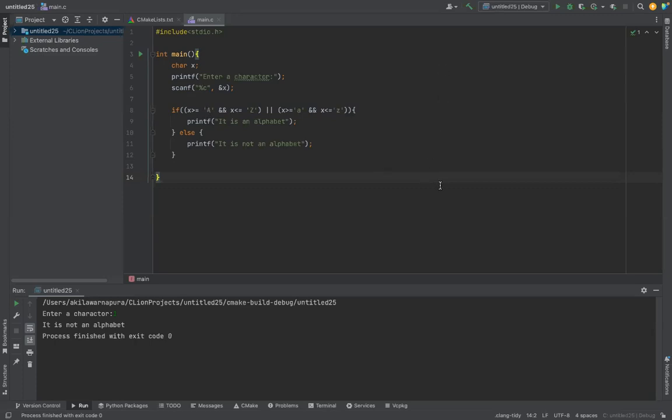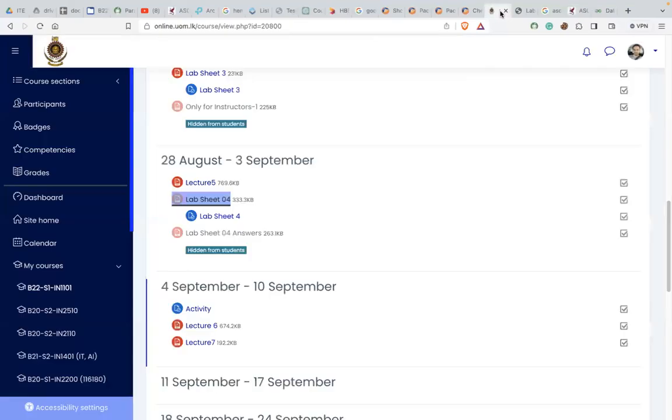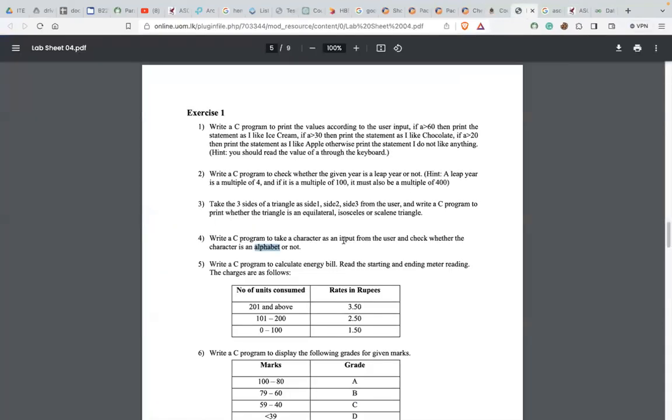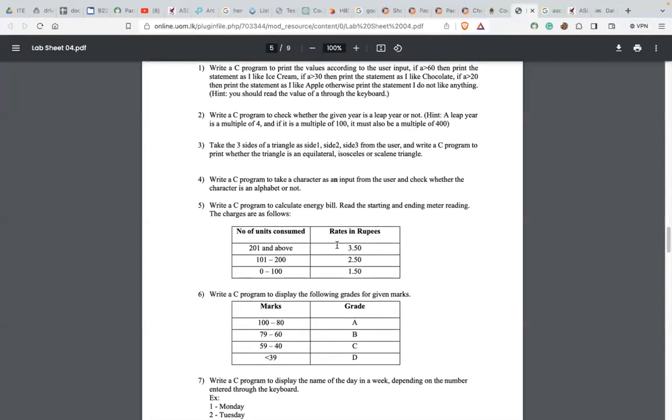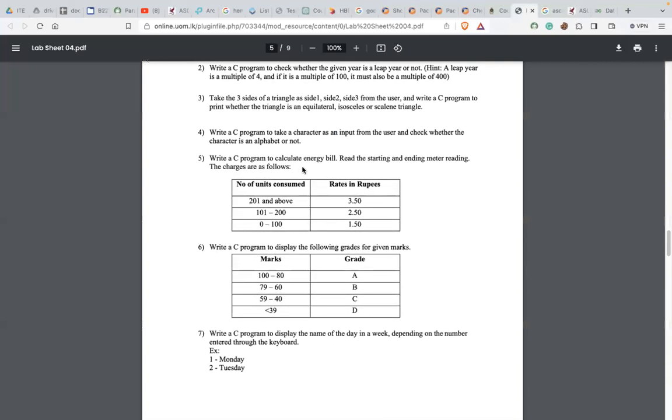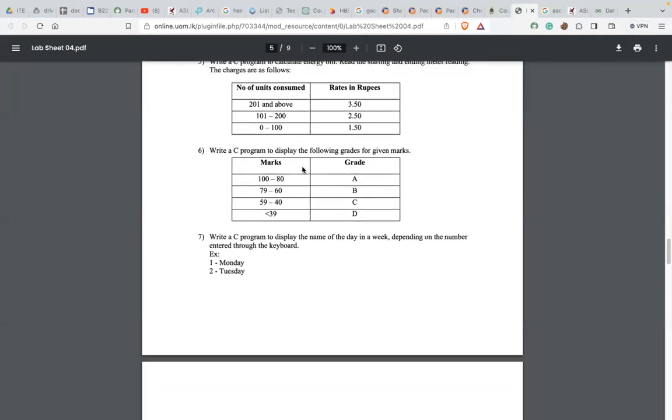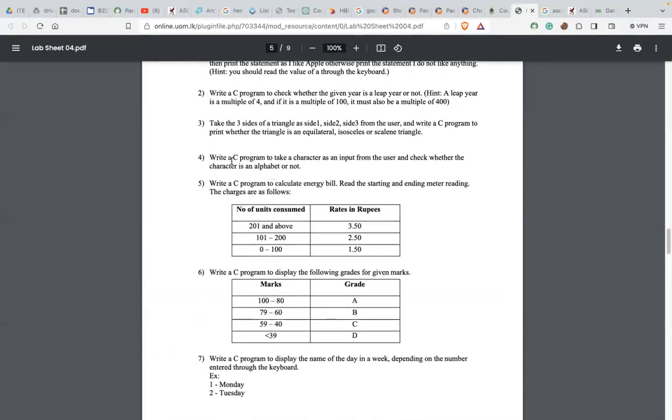Any other questions? I think you guys did the other parts also. Energy bill. Energy bill means, let's say, the electricity bill.